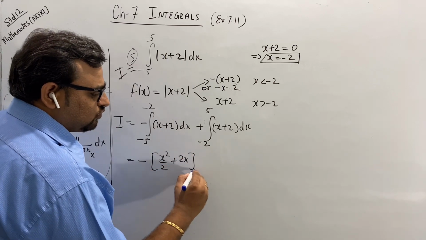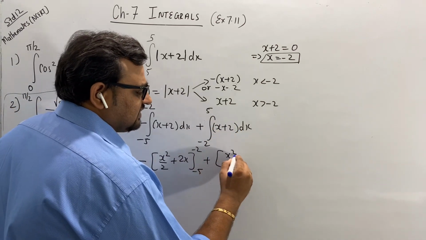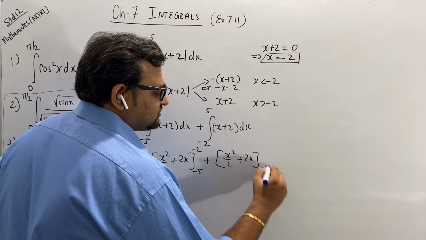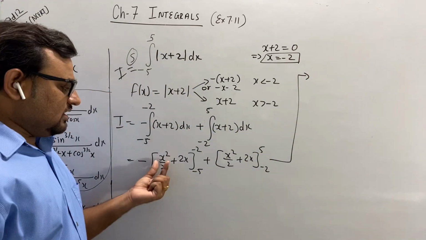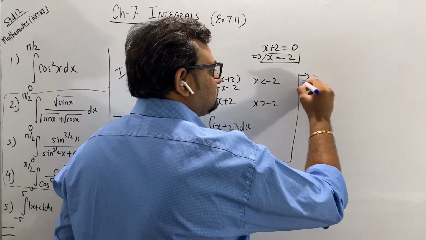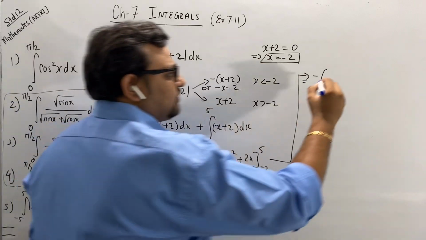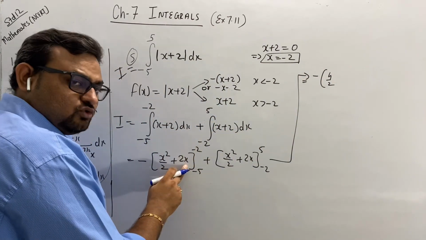So now, minus, as it is, integration of x is x square by 2, integration of 2 is 2x, from minus 5 to minus 2, plus integration of x is x square by 2, integration of 2 is 2x, from minus 2 to 5. Okay, now I'll put the value. Minus, x square, so minus 2 square will be 4 by 2, plus 2 into minus 2, minus 4.